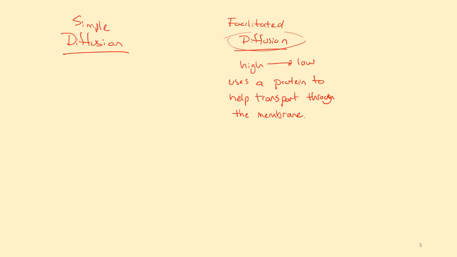Okay, so facilitated diffusion is a pretty big idea. A lot of things can pass through that way, and they can be large, they can be small, but the point is they have help. They couldn't do it by themselves, so they still use a passive form of diffusion. And by the way, these are all called passive, aren't they?